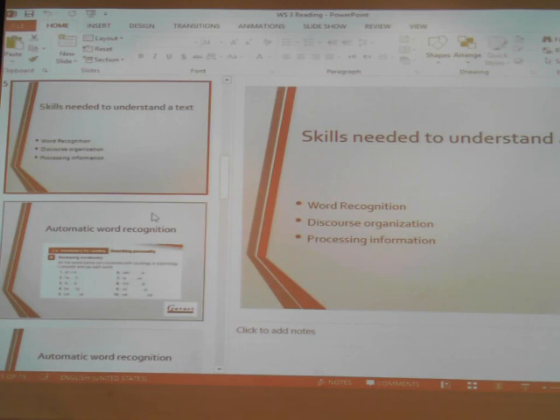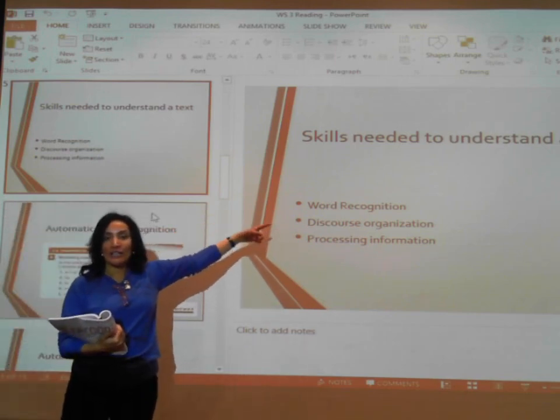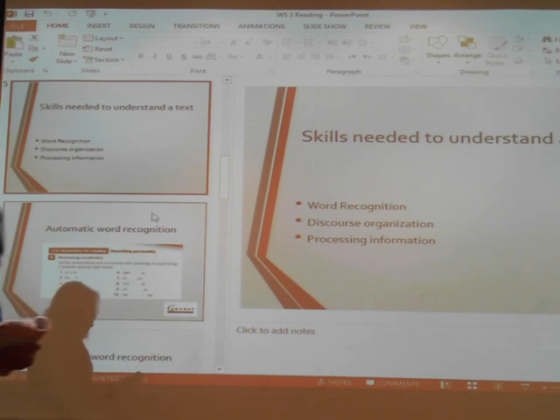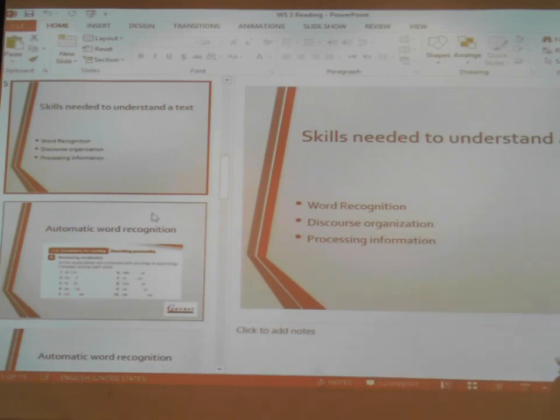Can we identify one activity for each? One activity for each on page 83, 84? Word recognition, discourse organization, and processing information. The vocabulary box and finding connections. Sorry? The vocabulary box and finding connections for word recognition.